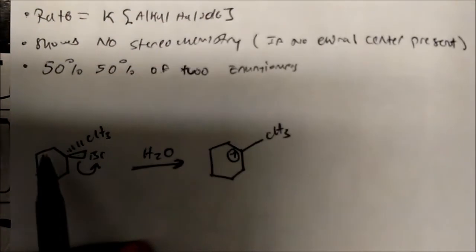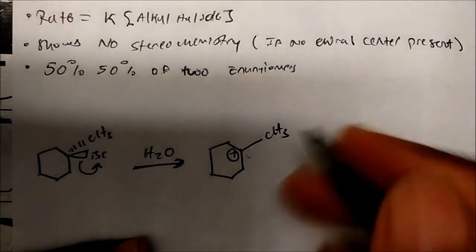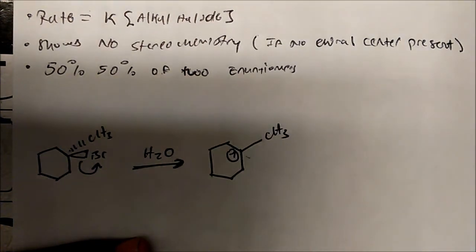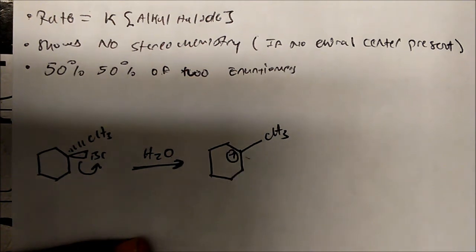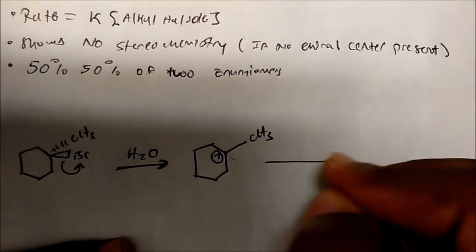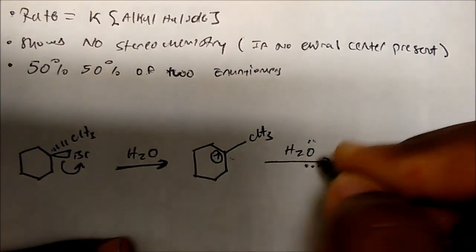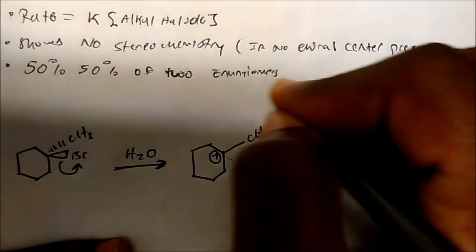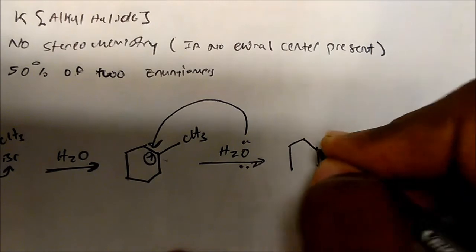Now notice I went from showing stereochemistry to no stereochemistry, and the reason is that this carbocation has a trigonal planar geometry, which means that it's flat, so therefore no stereochemistry can be shown here. All right, so we have this carbocation intermediate. This leaves our water to attack as a nucleophile. Now that it's less crowded, the water comes in, attacks this carbocation, and we get something that looks like this.